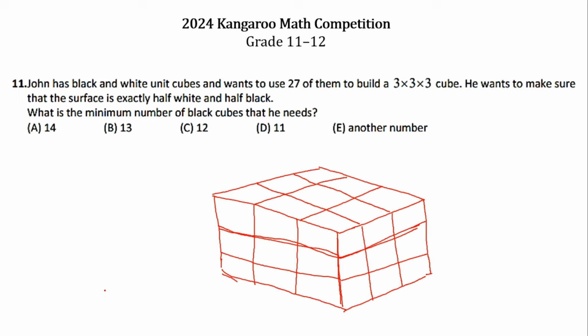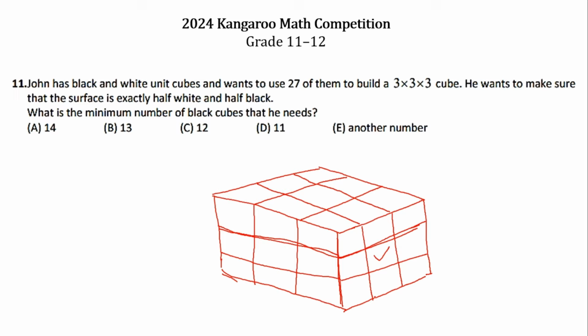Notice that the cubes with the most number of exposed faces are the corner cubes. So the corner cubes must be black. Because if we choose any other cube to be black, for example, this one, this cube only contributes 1 black unit square that's visible on the surface, right?